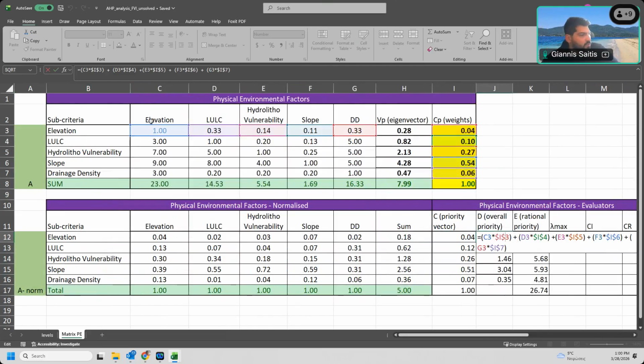So it's 1 for the elevation times its weight plus the land use land cover value times the weight, and etc. So I don't know if you see the colors in order to do the one-to-one matching.